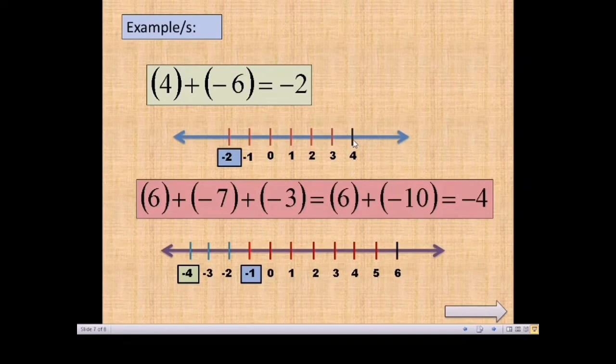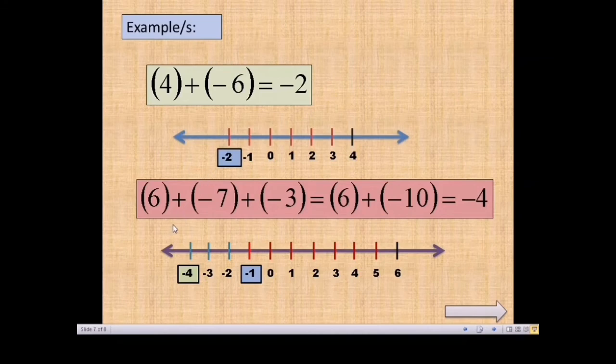From positive 4, we will now move 6 lines to the left. 4, 3, 2, 1, 0, negative 1, negative 2. Therefore, the sum of 4 and negative 6 is negative 2. It is much easier if you use number line if there are two numbers that have different signs involved.